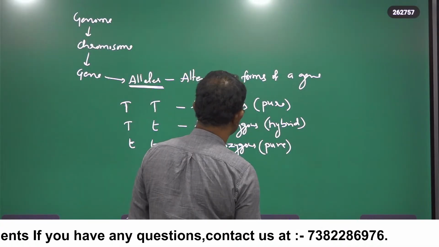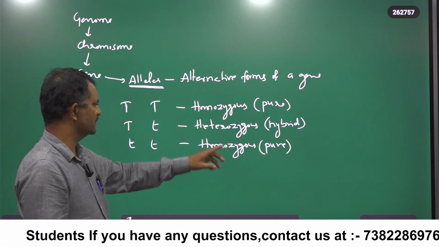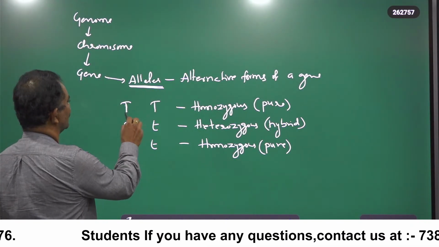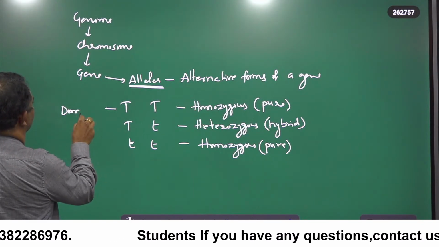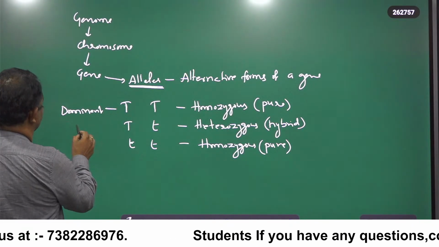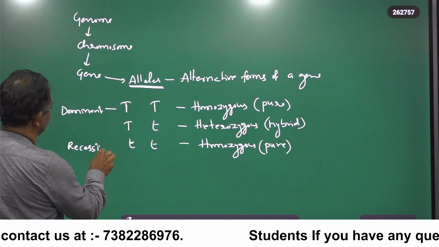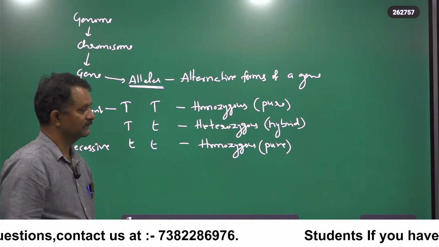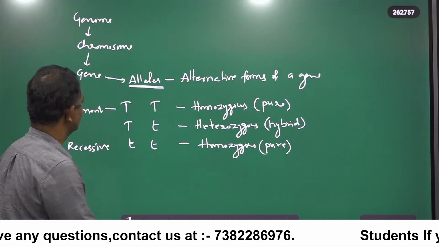Now what is the difference between the two pures? Homozygous pure, heterozygous hybrid, homozygous pure, right? But one is the dominant one, and the other is recessive. Pure recessive, pure dominant. So these are all alleles.